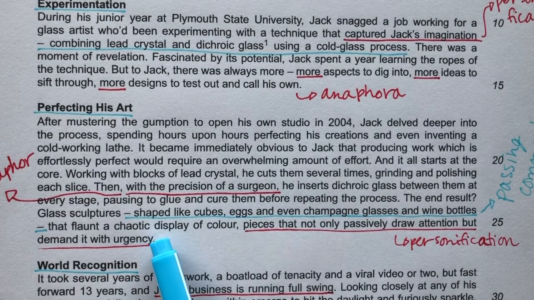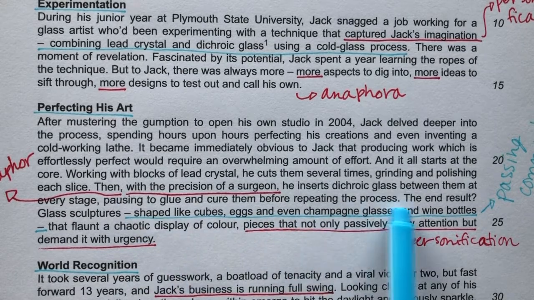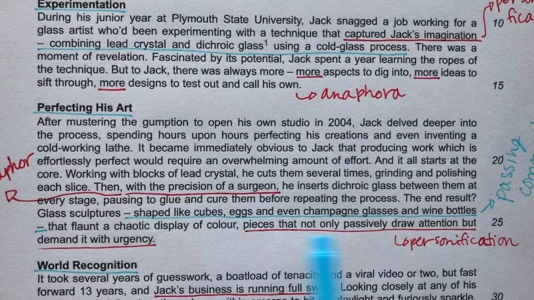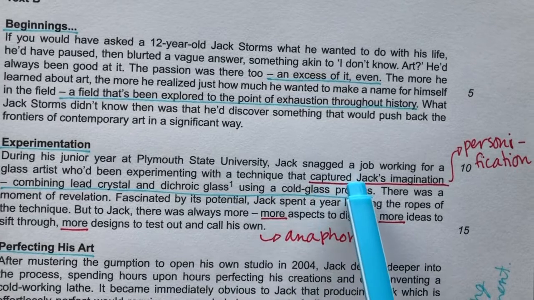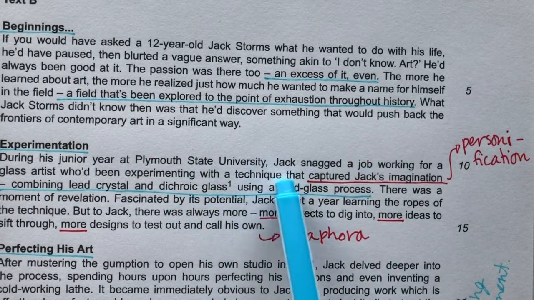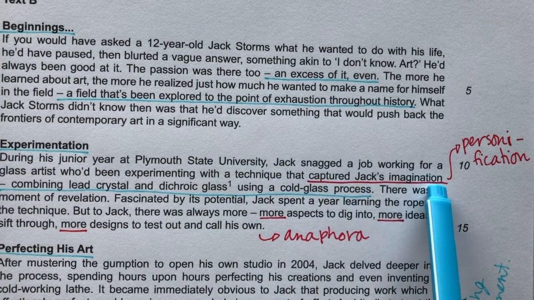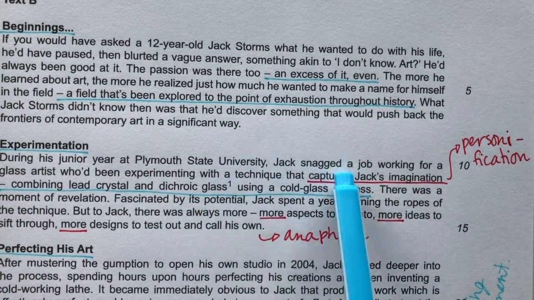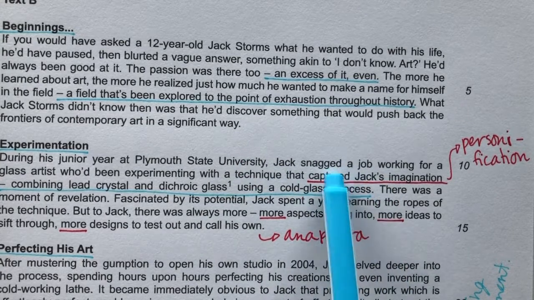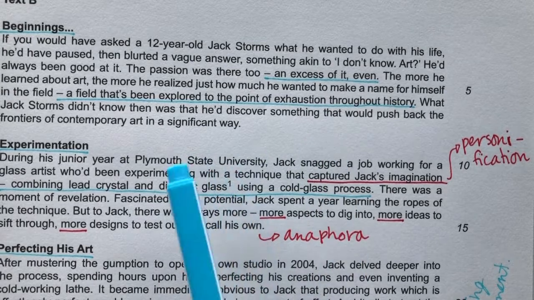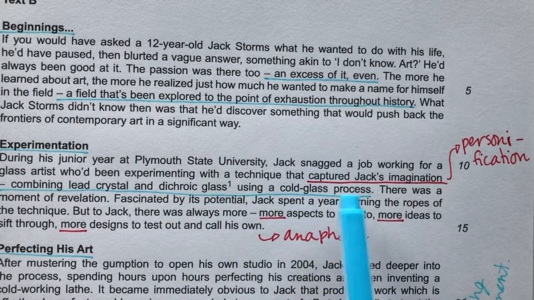But pieces of glass are not human. Okay, so it's non-human. We have a personification there. We also have personification when the writer says a technique that captured Jack's imagination. So a technique is a non-human thing. Okay, but we're attributing a human-like personality or characteristic to a non-human thing.